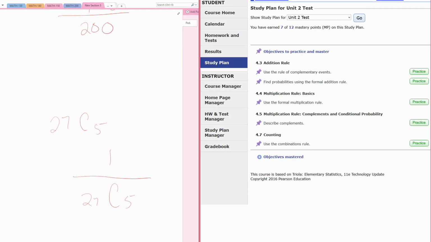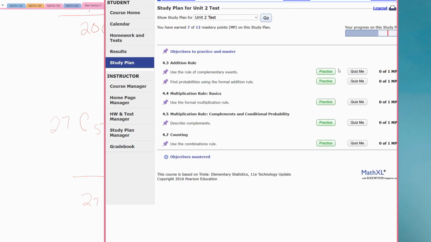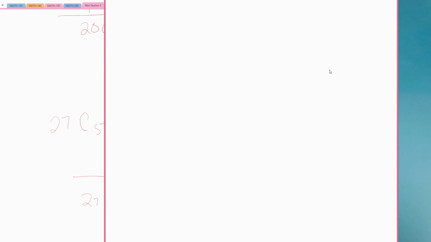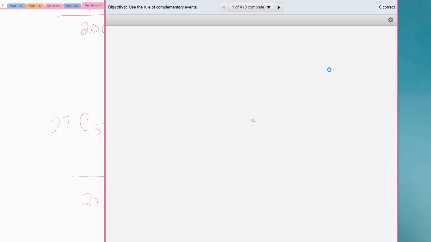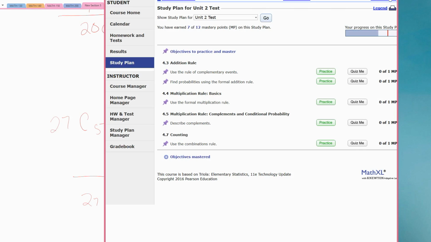So how the study plan works is you can go into practice here, and it will give you a whole bunch of problems that you can practice. And notice this where it says question help. It will walk you through it, give you an example. It has videos. So that might help on things that you're still not clear about. You can also do this quiz me, which will give you like 5 problems just on that as a quiz. So that's just something that might help as well.